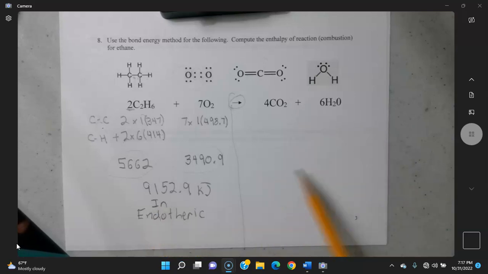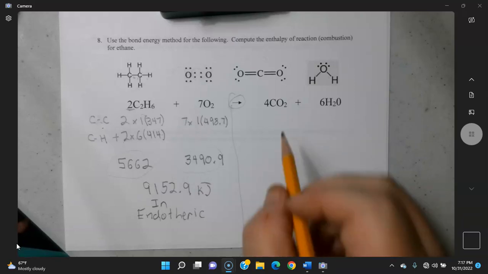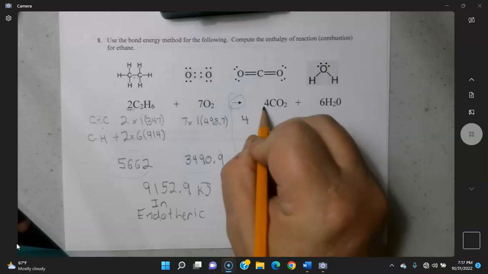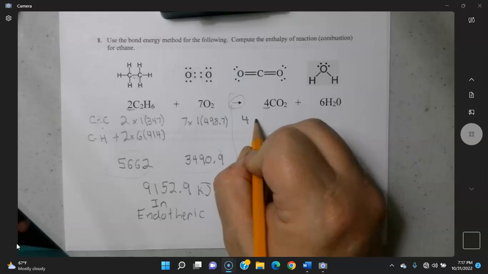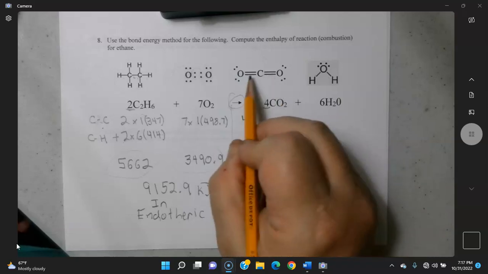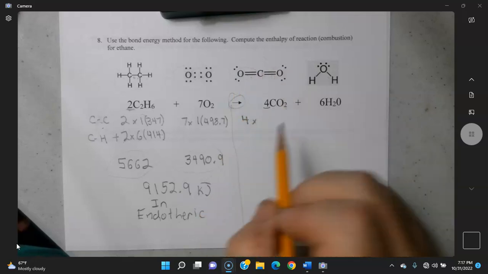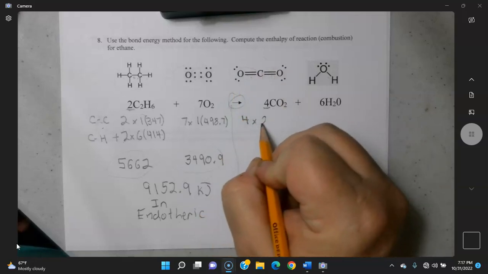Now we're going to go over here and figure out the energy for the products, what's going to come out of this reaction. Okay, so here we have 4 molecules of CO2, and each one has 2 carbon-oxygen double bonds. There's a carbon-oxygen double bond. There's a carbon-oxygen double bond. So it's times 2.